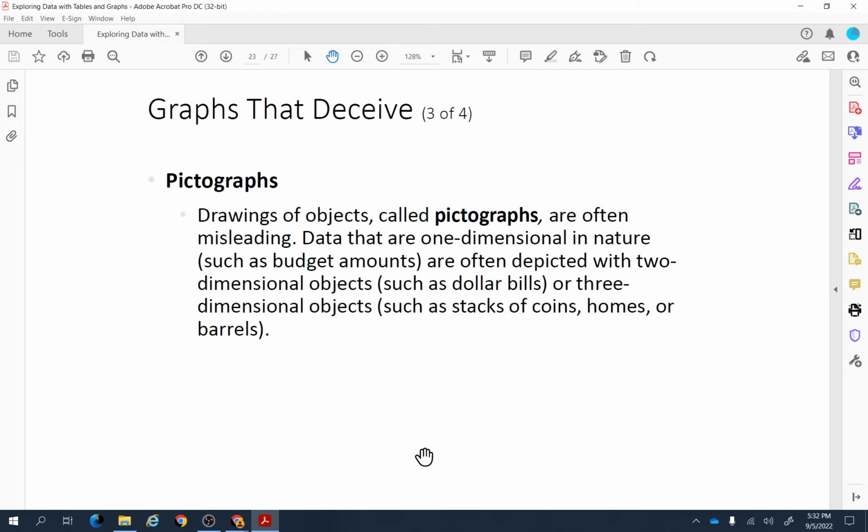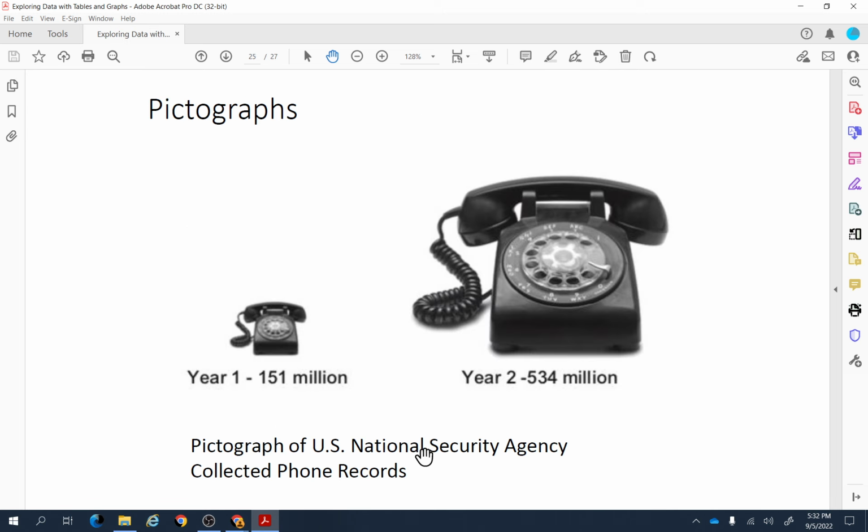Pictograph. Sometimes we use pictures to compare things, to present our data, but sometimes a pictograph could be deceptive. I'm going to give you one example here. Let's say this is the pictograph of US National Security Agency NSA collected phone records.